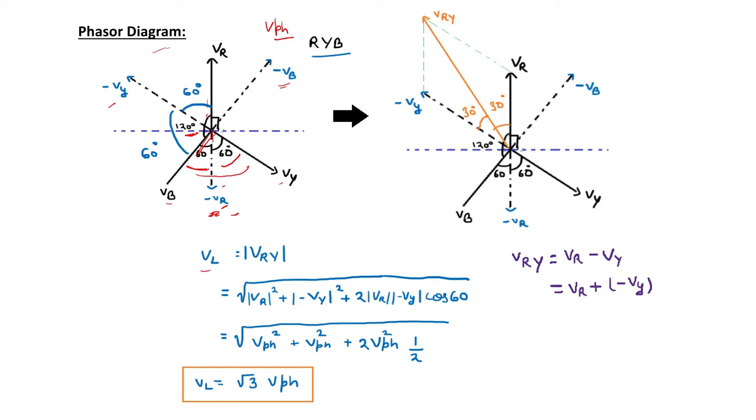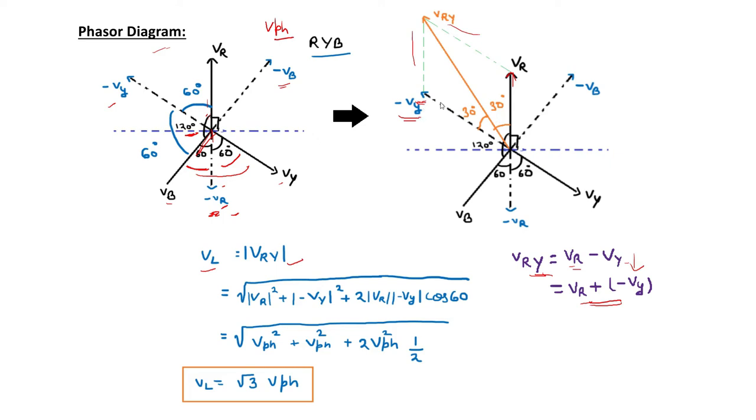Now we will calculate the value of line voltage VRY. What is VRY? VRY means VR minus VY, and it can also be written as the sum of VR and minus VY. So this is your VR and this is minus VY. We have extended VY in the opposite direction to get minus VY. Then using vector addition, we get this value of VRY.